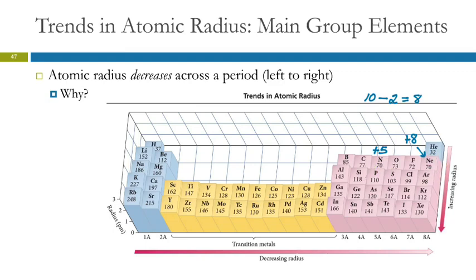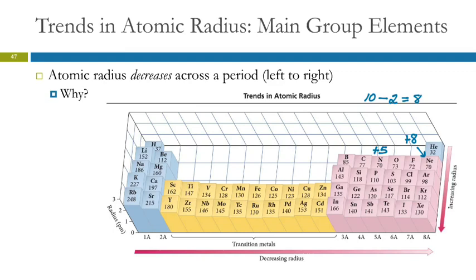For neon, the attraction is +8. +8's bigger. So neon's electrons are going to get pulled in closer to the nucleus because they're more attracted to the nucleus. Does that make sense? So that is why, as we go across, atoms get smaller.